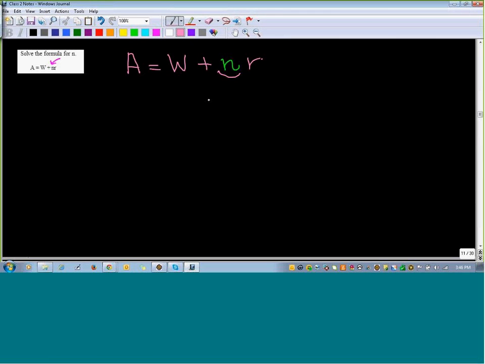Here is another example in case you get this type. Say you had P equals, let's say, R minus L, and you solve for L first. In order to not mess up on the negative, you could actually put the L all the way to the left.